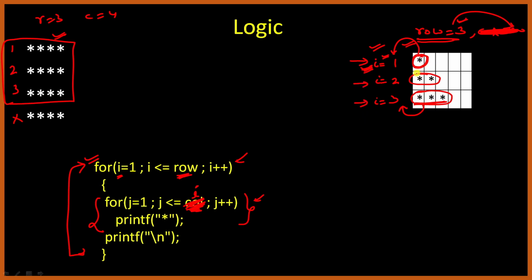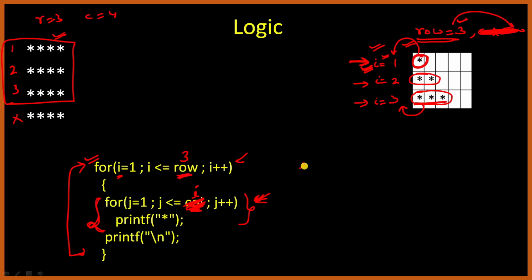The number of stars is the responsibility of this inner loop; the outer loop is not printing the number of stars. I just have to iterate row number of times, so this will stay like this only: I equal to 1, I less than or equal to row. So if row is 3, then it will iterate 3 times.